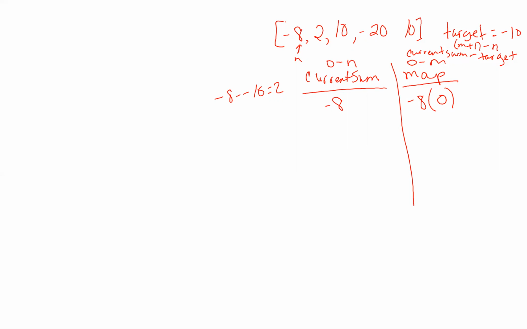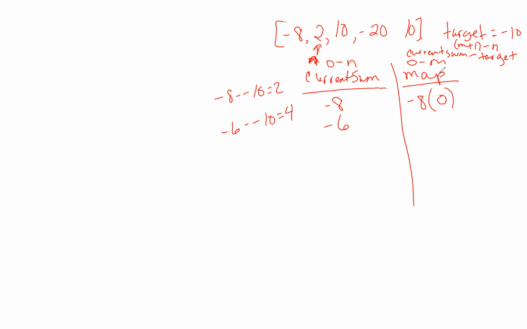Then we increase n to the next element, and we say -8 plus 2, that is -6. That is not equal to our target. So we say -6 minus -10, and that equals 4.